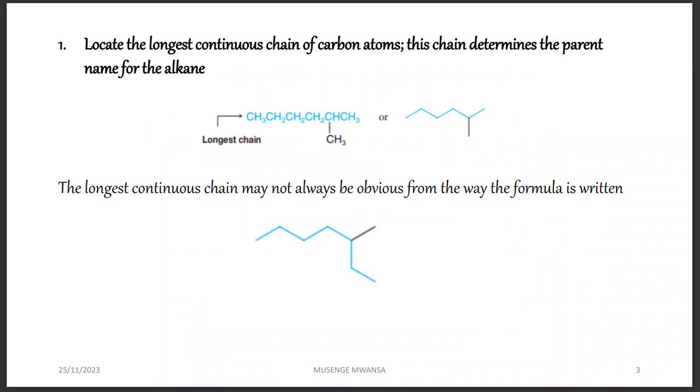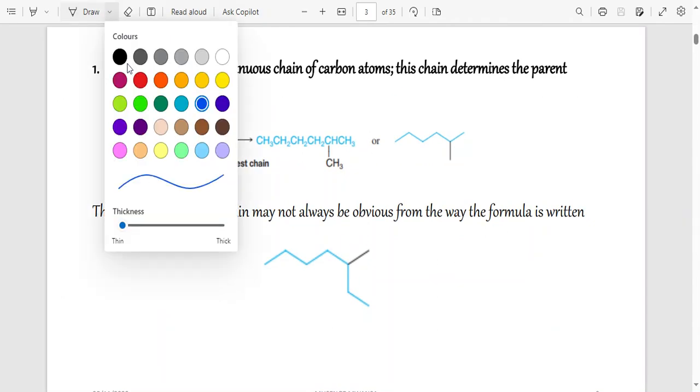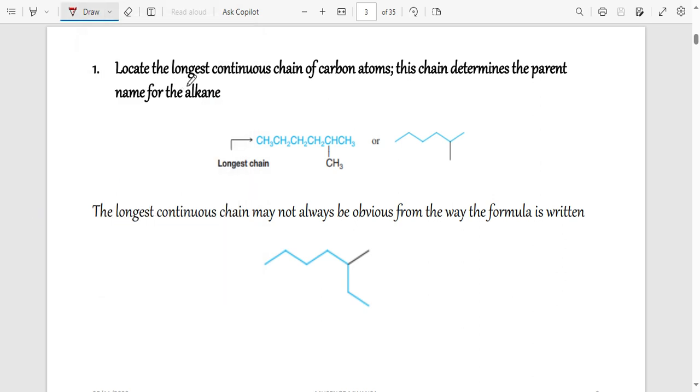The first thing when you want to name an organic compound is that you must be able to locate the longest continuous chain of carbon atoms. You can start counting from any direction as long as you find the longest chain of carbon atoms.